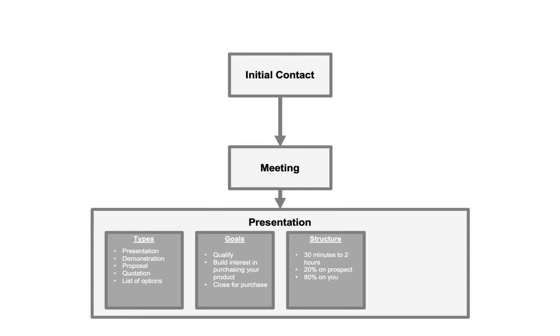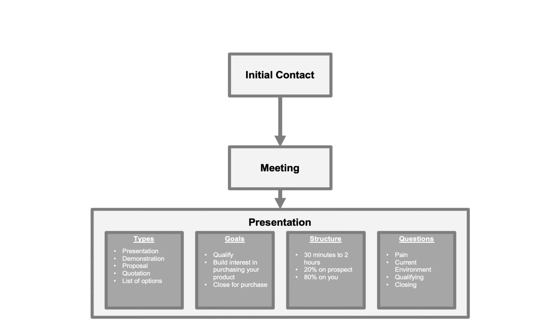What that might look like is you might spend the first 20% of the presentation on them, saying this is what we've learned about you, and then you're all about you and how you can help. Or it could be the first 10 minutes is your findings and about them, then 80% on you and how you can help, and then the 10% at the end for more questions and discussion about the prospect.